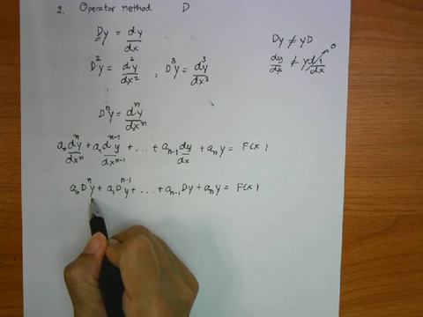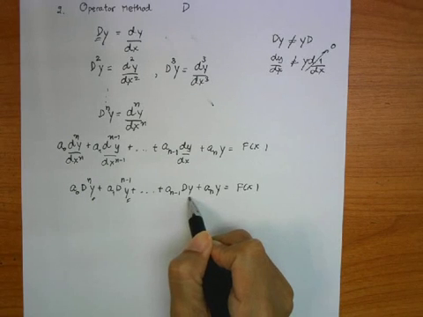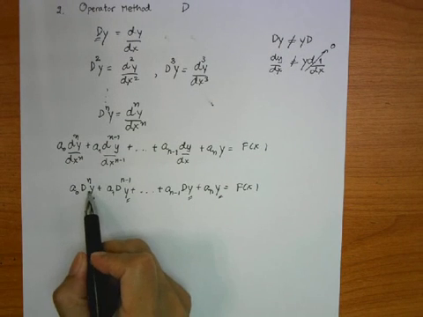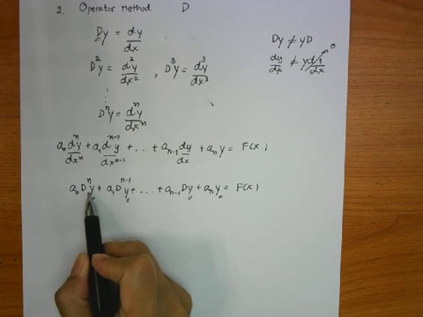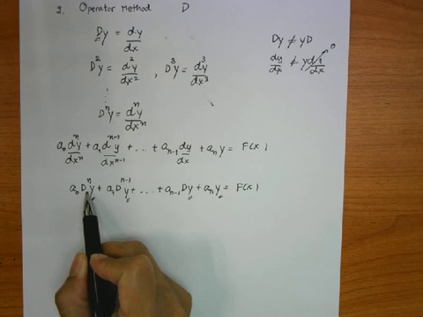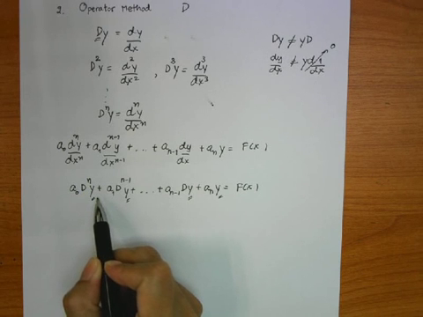Now, every term on the right-hand side has y. Can I take y out, because y is multiplied with D? I can, because every term has y.